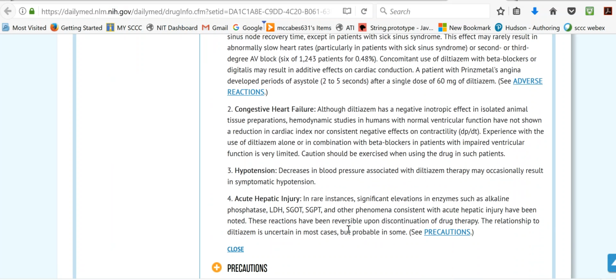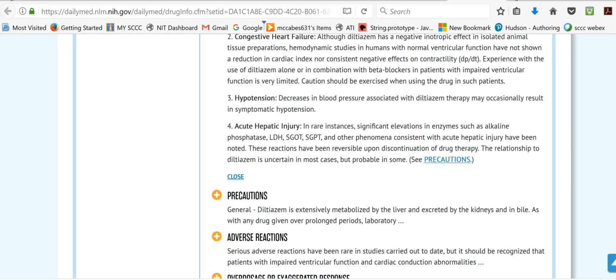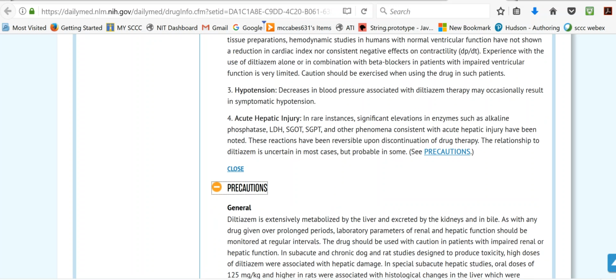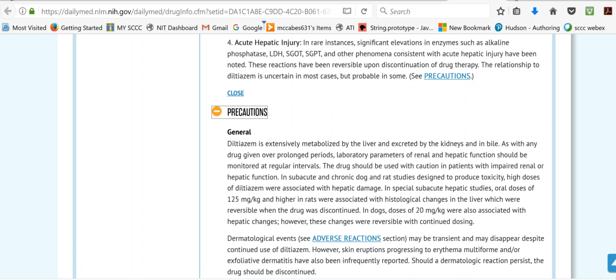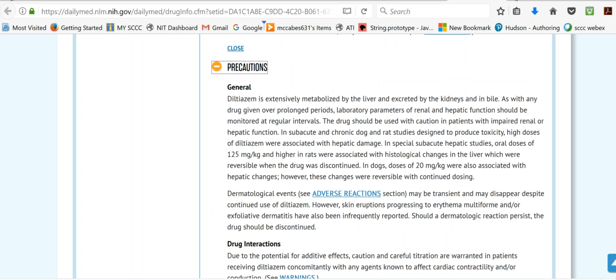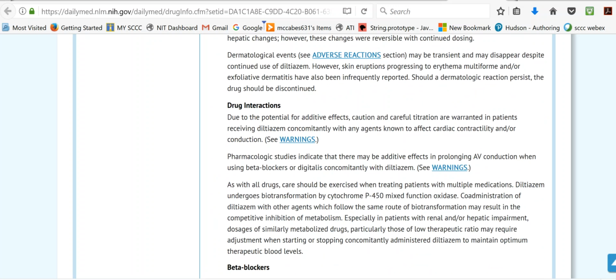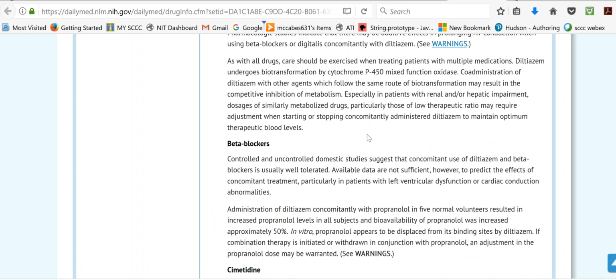So it's probably important to look to see if your client had liver enzymes done. And if they haven't, maybe that should be discussed with the healthcare provider, because it is one of the precautions. And we know that somebody could get a heart failure and liver damage as a result of heart failure that should be evaluated.